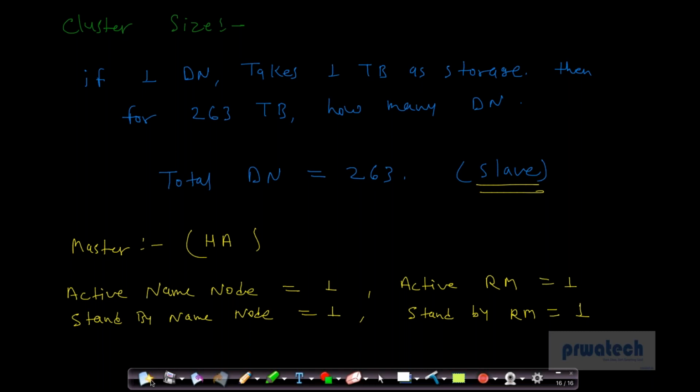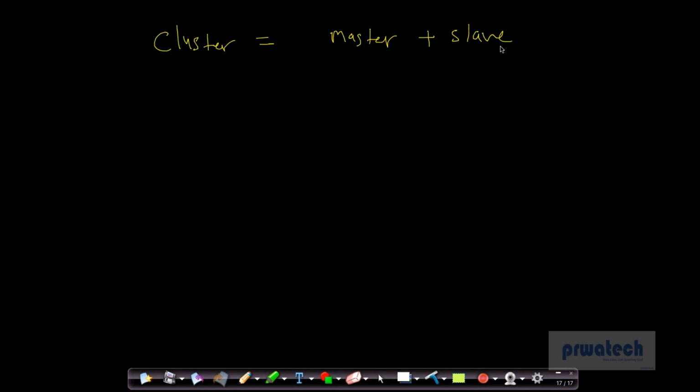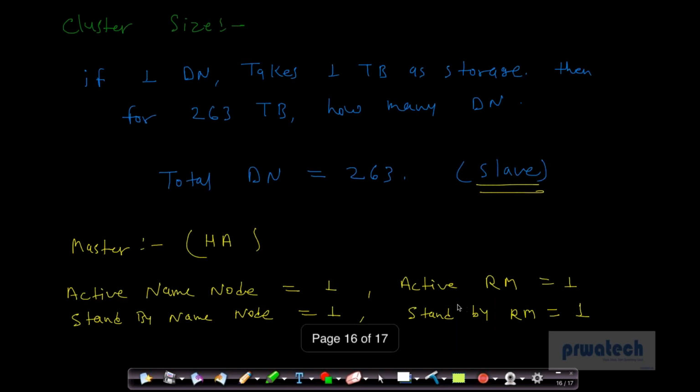Now, what is the formula for the whole cluster? Cluster is a combination of machines, a combination of your slaves plus masters. This is your cluster size. So masters total 4. If you're wondering why I'm not adding a secondary name node, that's optional because I have two name nodes. I don't need a secondary name node. However, if you add one more, is there any problem?